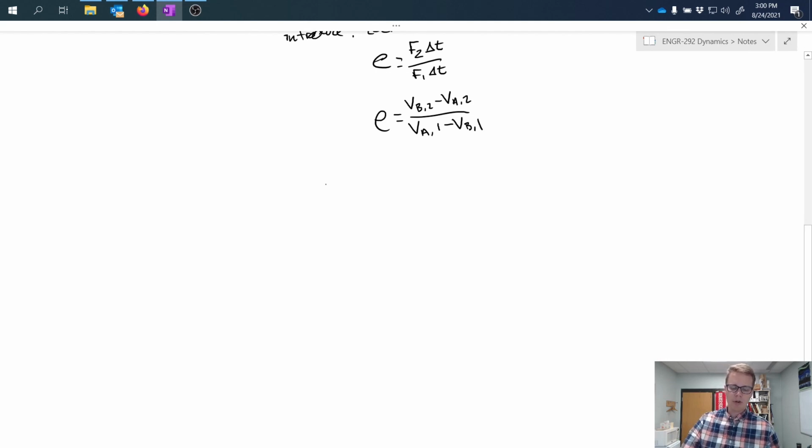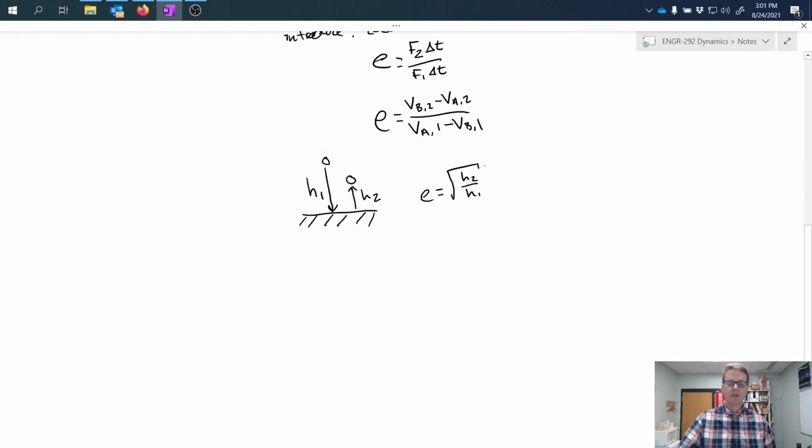There would be a pretty common or easy experiment to calculate it, and that is that if we took a ball and dropped it from some height, let's call it h1, onto a surface, and then we measured the height that the ball returns to after that bounce, we can use it to solve for the coefficient of restitution, assuming that the materials are the same as whatever it is we're trying to analyze for our billiard ball example, or maybe a baseball example.